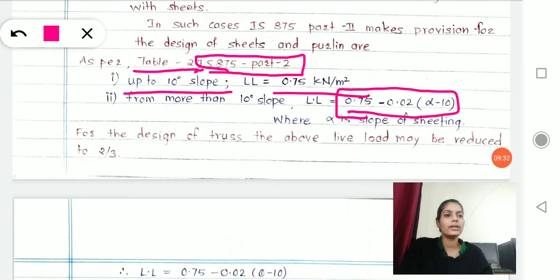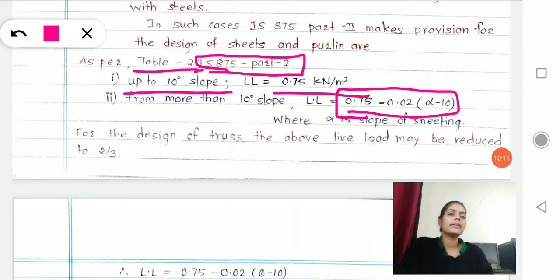For the design of a truss, the above live load may be reduced to 2/3. So you have to check the angle: if it is less than 10 degrees, live load is 0.75 kilonewton per meter square. But if it is greater than 10 degrees, you go with the other formula, 0.75 minus 0.02 times (alpha minus 10), right?